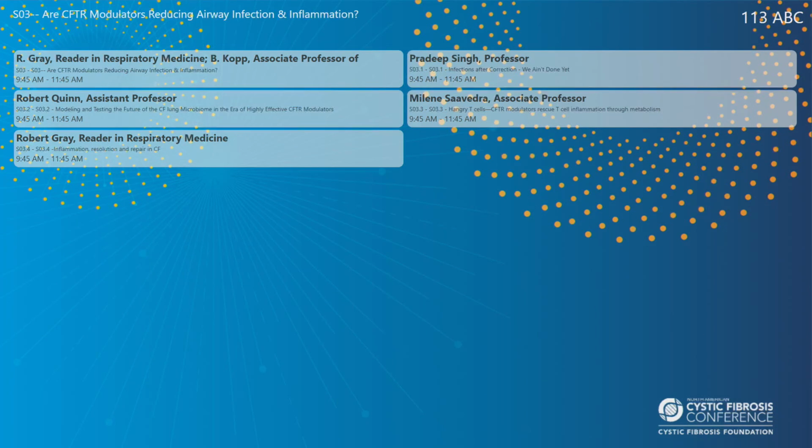I don't have any data to respond to the question. I would maybe even take one step backward to a broader question, and in addition to whether anti-infective or anti-inflammatory therapies need to be continued, I think we need to ask the question, does infection matter anymore?